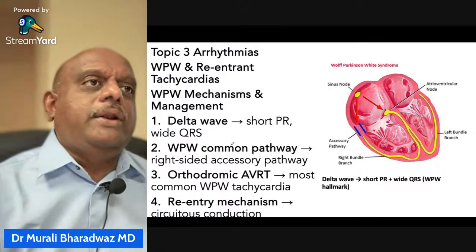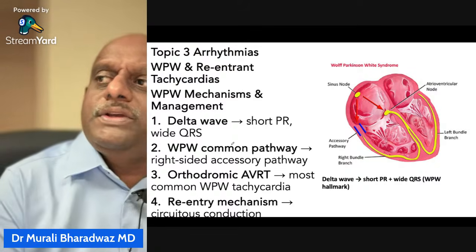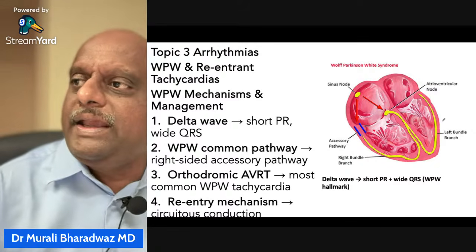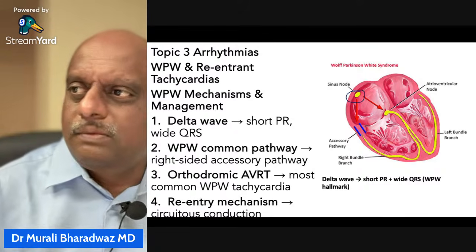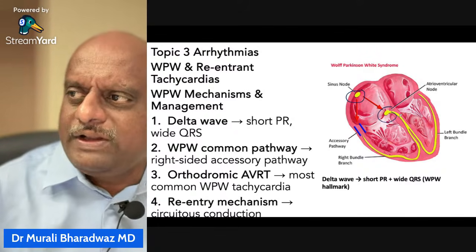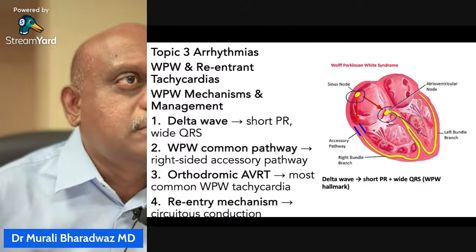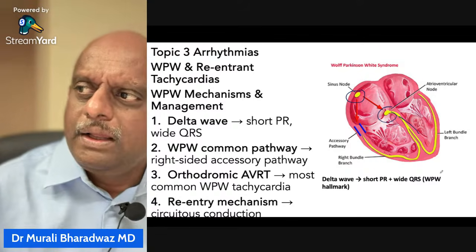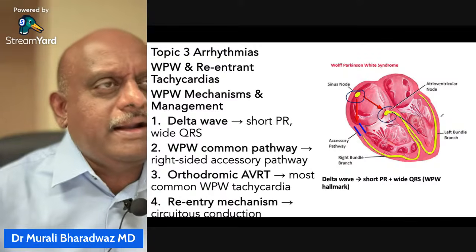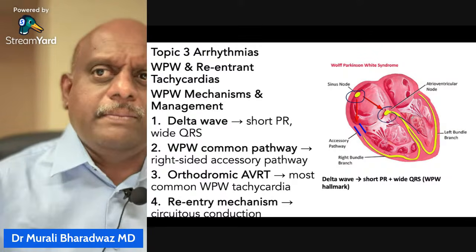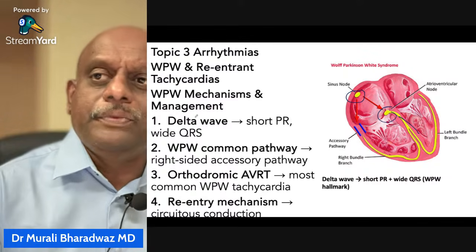Now, let's look into the WPW syndrome. You can see here, doctor, normally the SA node will send to the AV node, which will send to the Purkinje fibers, which have the right bundle and left bundle, is what we need to remember.